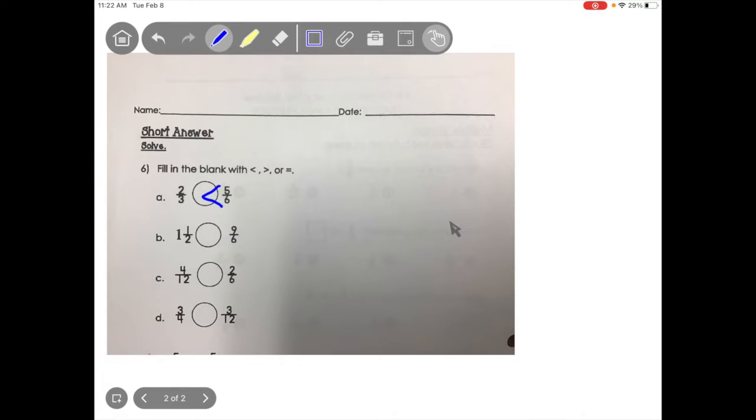All right, let's look at B. It says 1 1/2 compared with 9/6. Here we have a mixed number and an improper fraction, so I want to get them both as improper fractions in order to compare. Looking at 1 1/2, remember, this is one whole and then half of another whole.